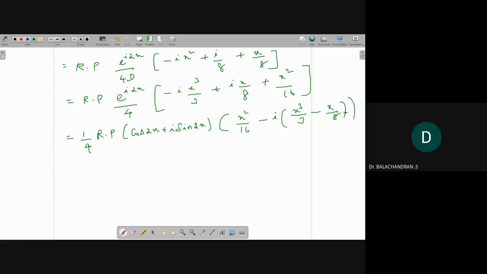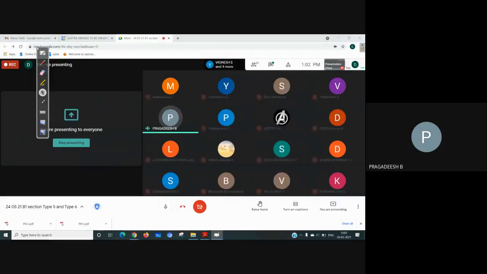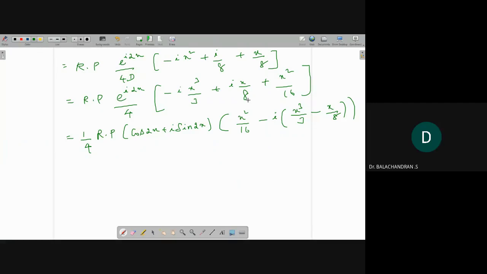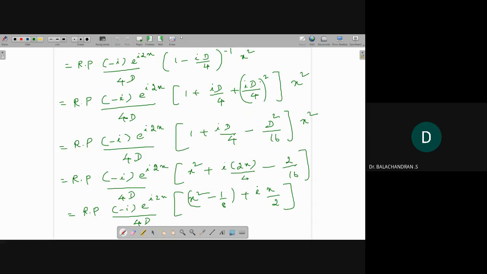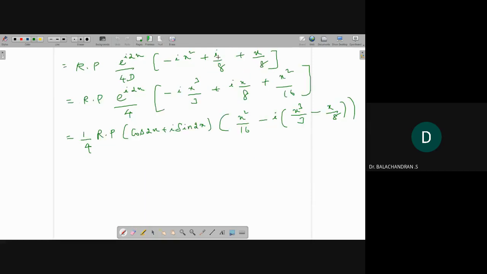Okay, so this is x square by 16. Sir, isn't it x by 2 instead of x by 8? Where? Here. Sir, the previous steps. Yes, sir, x by 2, oh, plus i, I'll check it.